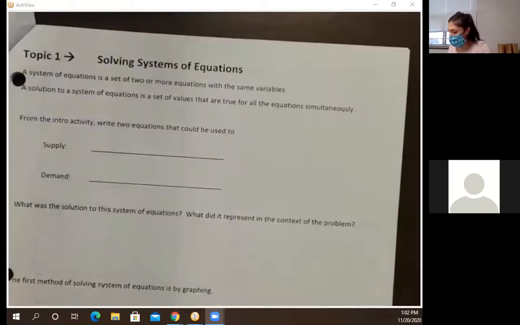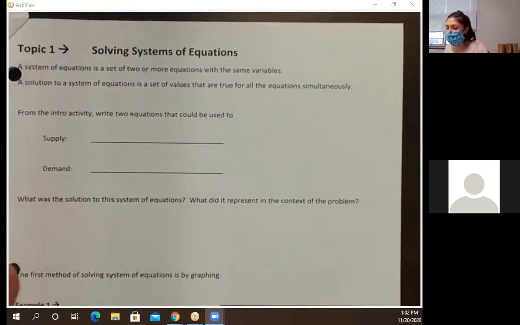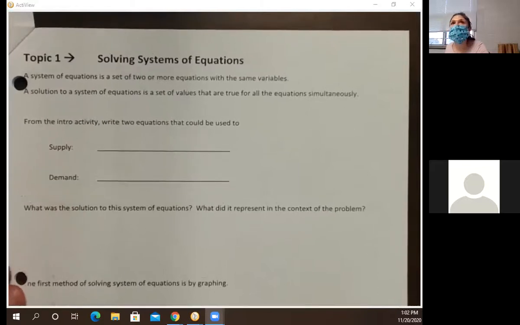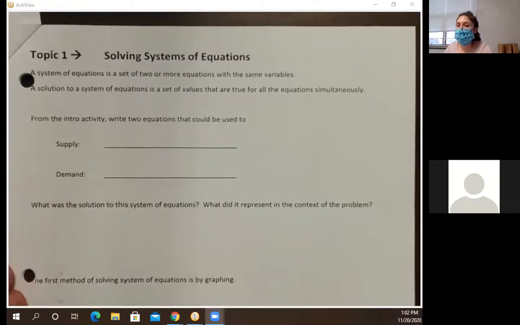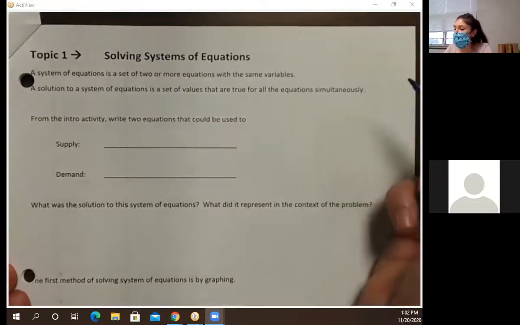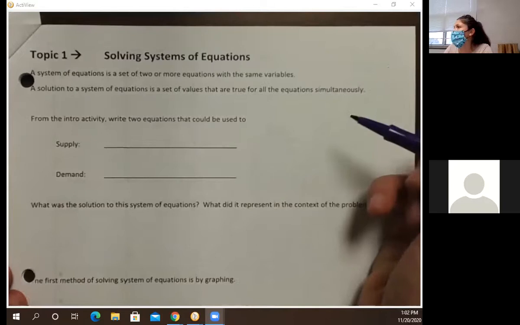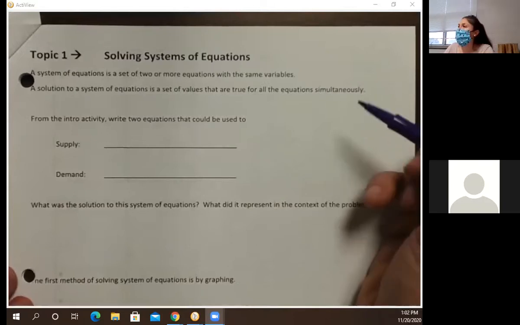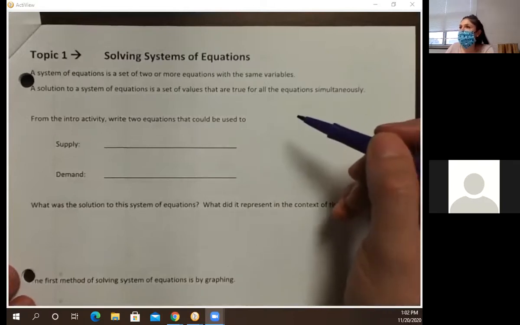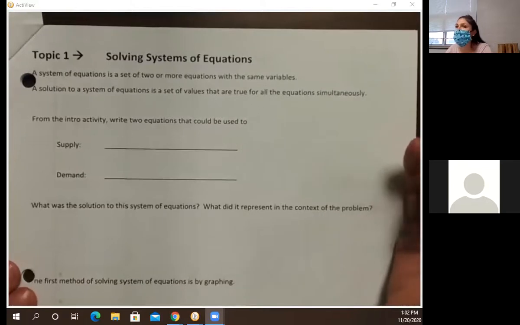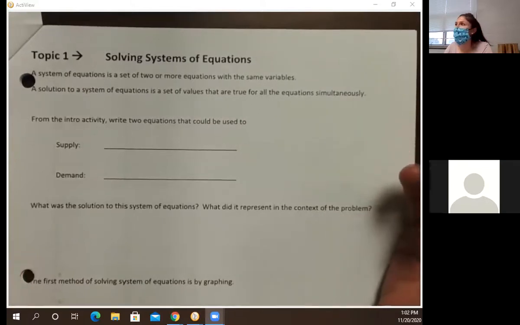So let's turn to page 129. So again, a more formal definition of our systems of equations. A system of equations is a set of two or more equations. So we're only going to look at sets of two equations, but you could have 3 or 4 or 5 or 17 or 112 equations.